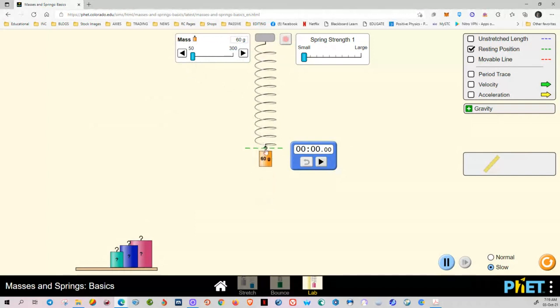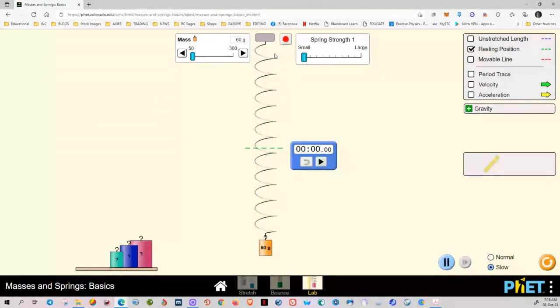If you want, instead of pulling the spring down, you can also push it up like this. You can go maximum like this. But that, of course, will increase the vibration, so it will take a longer time to measure the vibrations.